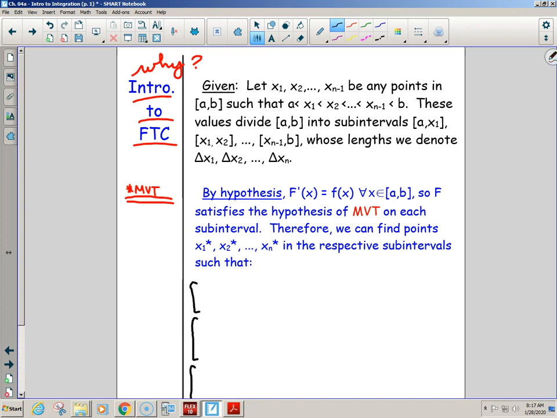So a quick reminder, if it helps, you might want to put this down with a number line. This is what we would do with Riemann sums. Remember, we would split this up: we have x1, we have x2, we have x3. It only goes up to x of n minus 1, because then the nth subinterval gets us to b and we're done. But that could be 10, that could be 100, that could be 1,000, that could be 1,000,000.